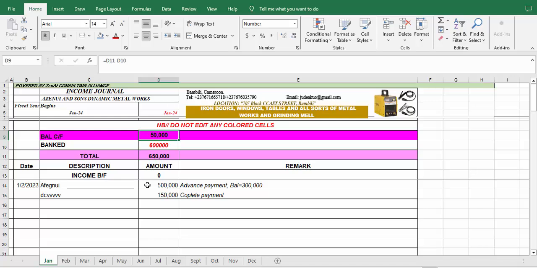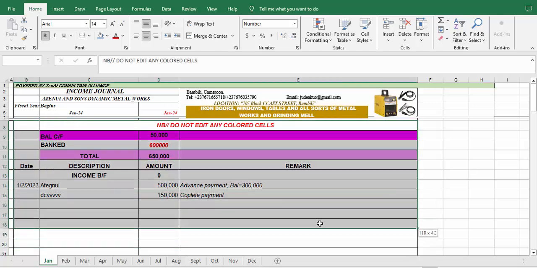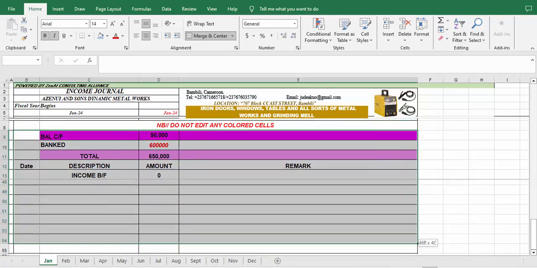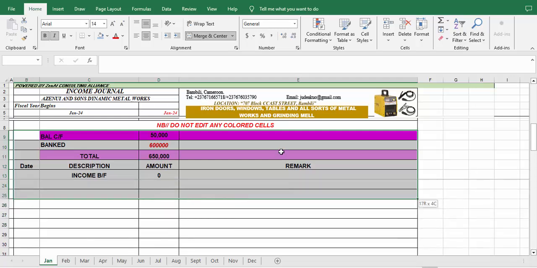If you're supposed to draw up a book, a journal for this, you're going to draw the journal to look exactly like this, except the letterhead with the information, because the book cover already carries your information. So you just draw from this balance carry forward, and make allocations like that.